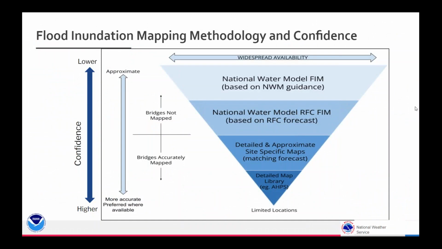And this is just a quick little visual to understand the availability versus the confidence level in what these different FIMs provide. So on the top of your upside down triangle is your National Water Model FIM, which is available everywhere.